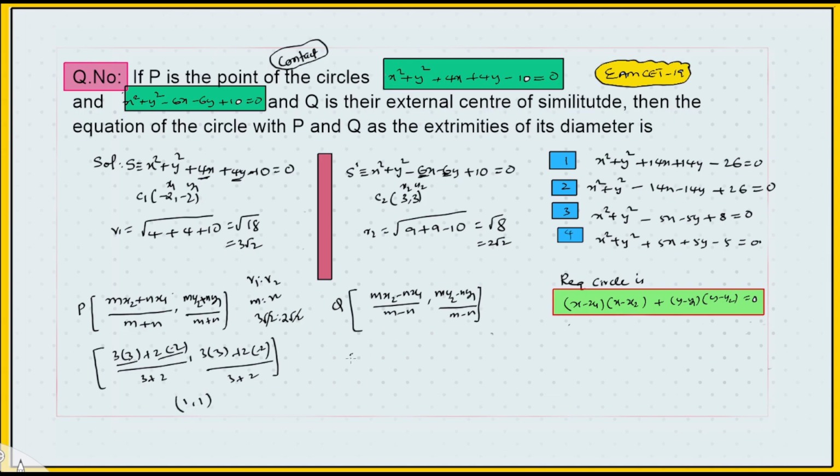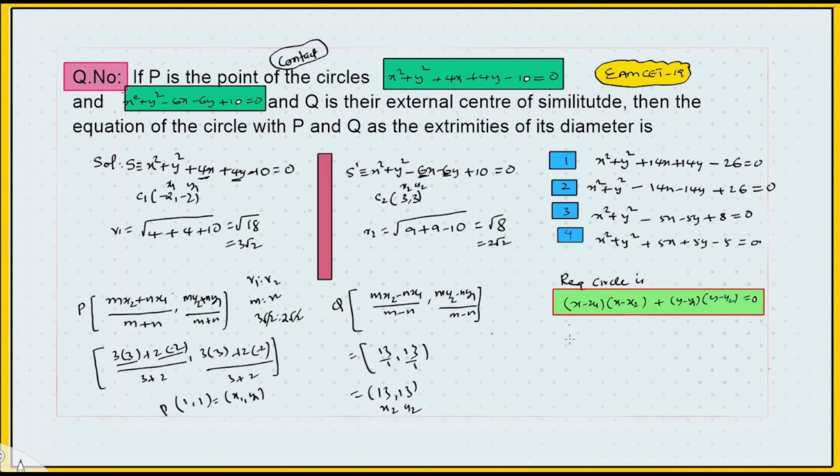For Q the difference is plus and minus: minus into minus becomes plus. 3 3s are 9 plus 4 is 13, divided by 3 minus 2 is 1, so 13 comma 13. So Q is (13, 13), which is x2, y2, and P is (1, 1), which is x1, y1.